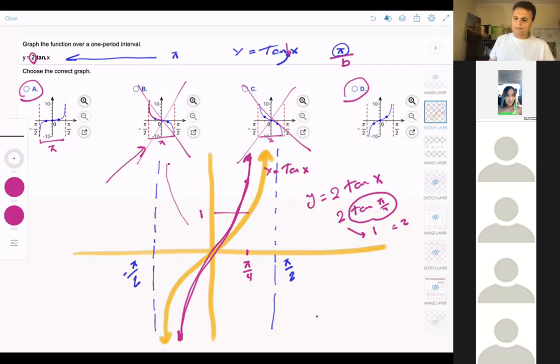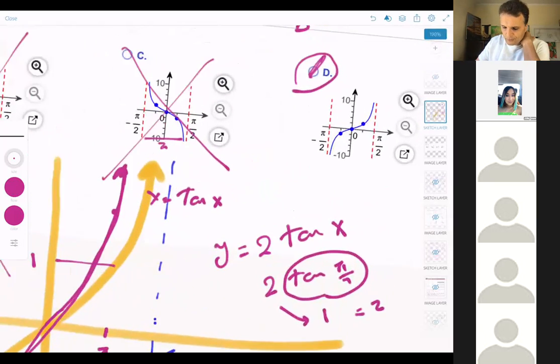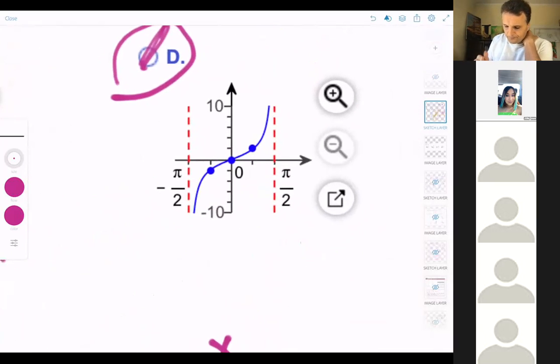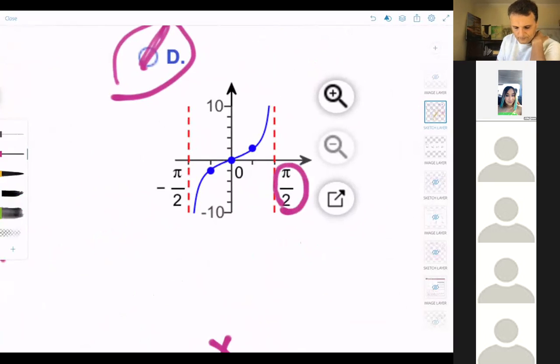Is that A or D? D. Also, they show it to you. If this is pi half, this will be pi over 4, half of that.